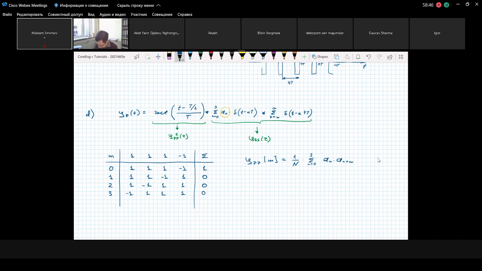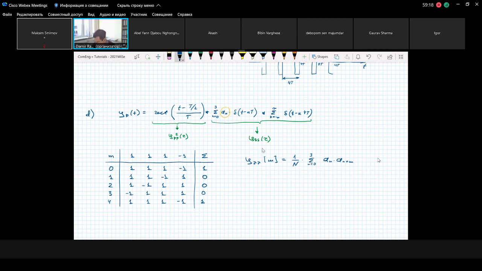In addition, this autocorrelation will be periodic, because if I calculate for shift number 4, we have the sequence 1, 1, 1, and minus 1. If we calculate the element-wise product and the sum, it gives us 1. And of course, we divide by the number of samples, 4 samples in one period. So this was the autocorrelation for discrete time.